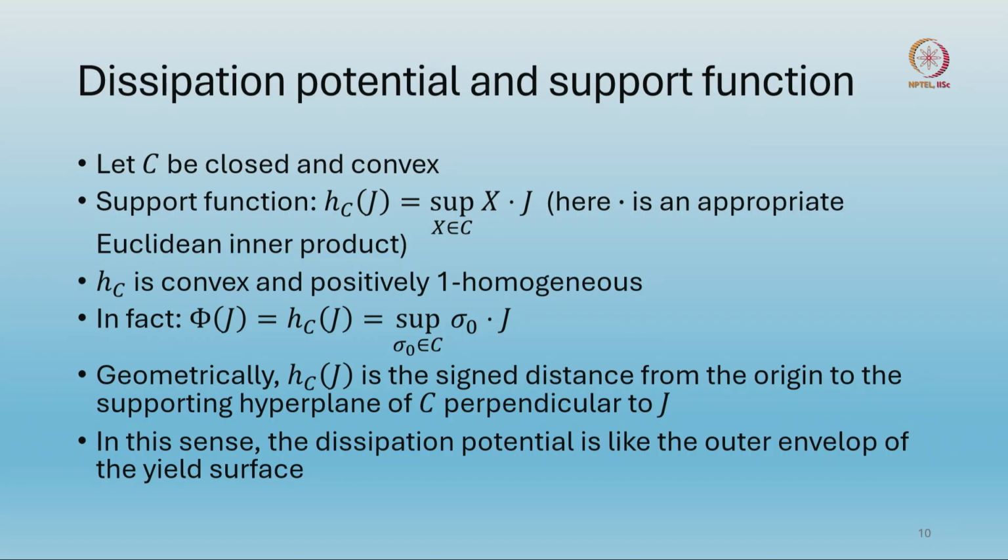So, we will take a short breather at this stage and then come back in the next lecture and continue with the notion of the support function, and see in that lecture that the dissipation potential is nothing but the support function for rate independent plasticity. In other words, based on the notion of a support function, I have a principled means of finding the dissipation potential. We will talk about it after a breather.